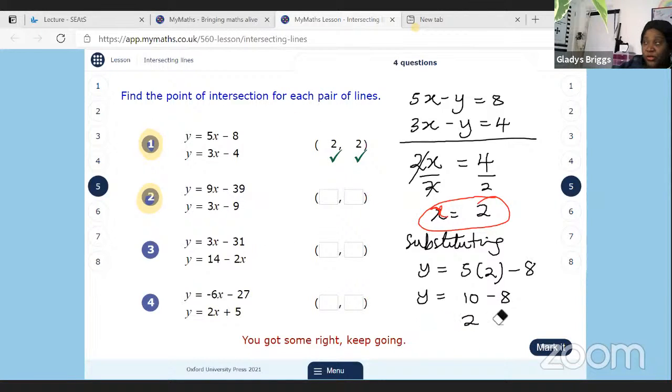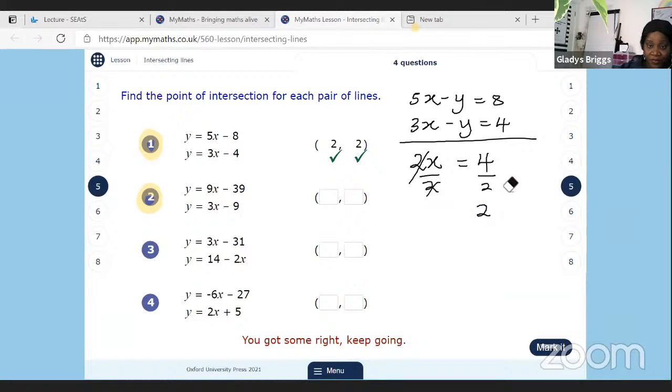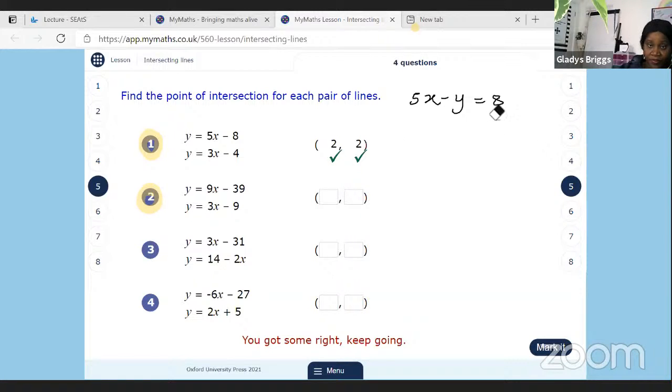Right, let's have a look at question 2. Okay, so I'm going to rewrite everything to say 9x minus y is equal to 39, and 3x minus y is equal to 9.